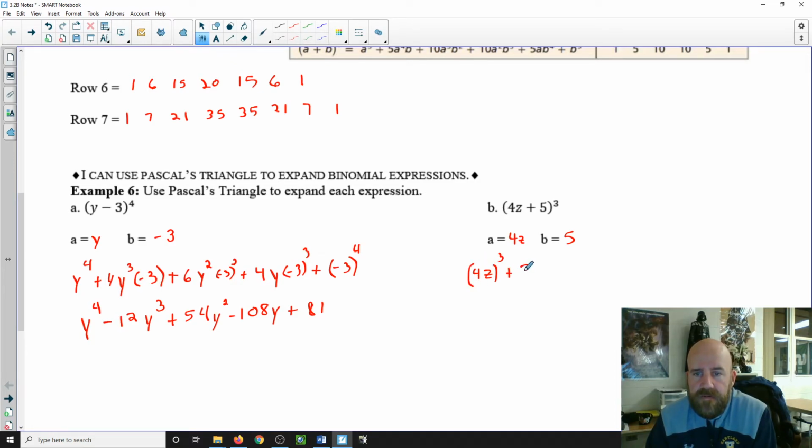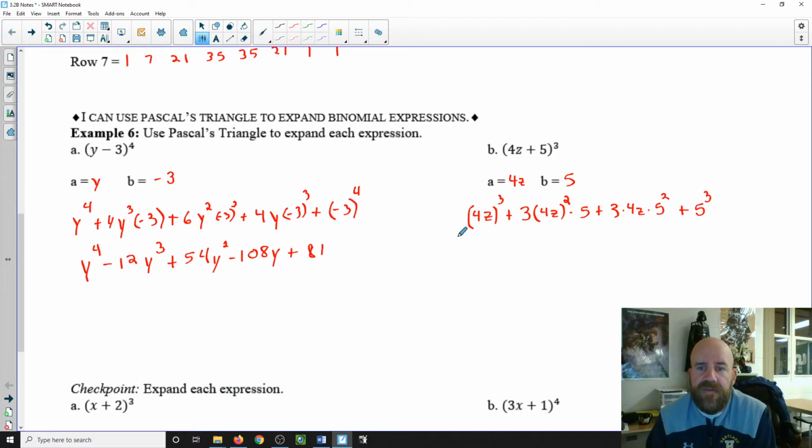Plus 3 a squared b, so we're multiplying by 5, plus 3 times 4z. It's to the first power, so I'm not going to write in parentheses, we don't need to. And then multiply by 5 squared. And then we're adding 5 cubed.